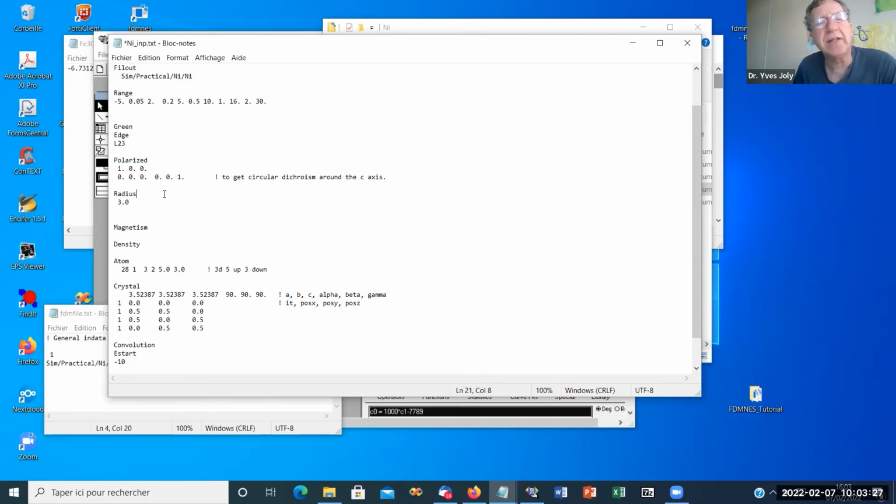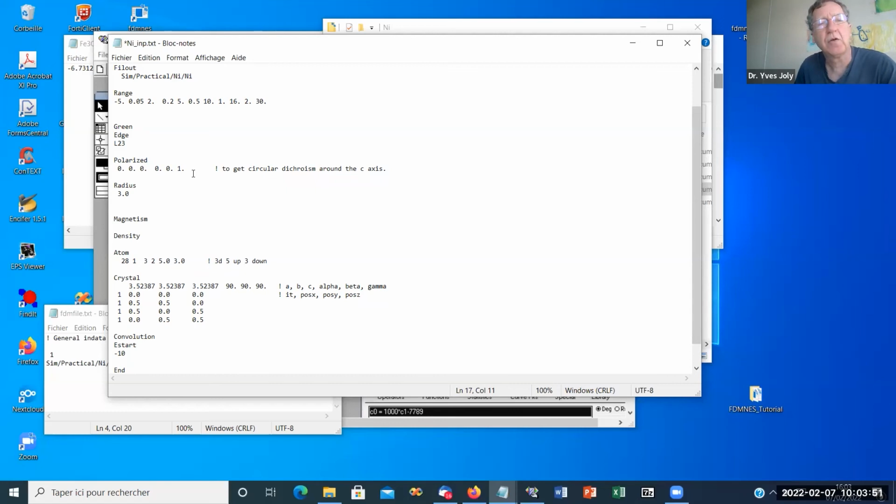But if you write the value of polarization like 0, OOO, and then for the wave vector you write OO1, the code understands that it will be circular polarization around this direction, so along Z. So maybe this I don't need.